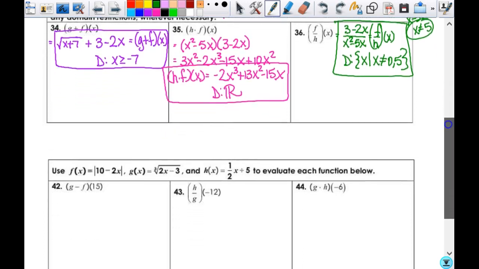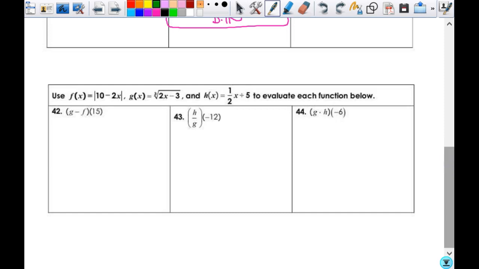Okay, so now let's evaluate these. So g minus f of 15. g of 15 is going to be the cube root of 2 times 15 minus 3, minus f of 15, the absolute value of 10 minus 2 times 15.